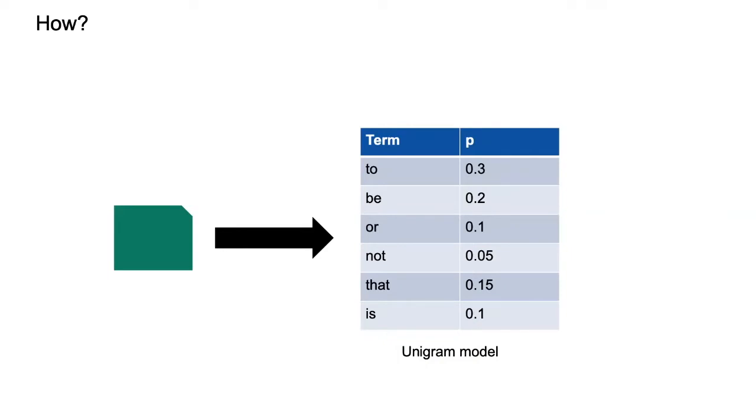Okay, so what does a unigram model look like in practice? Well, I need these probabilities for every term. So you can look at that as a two-column table, where in the first column you have the term, and in the second column you have the probability of the term. That's called the unigram model.